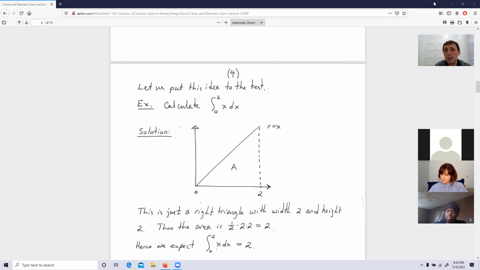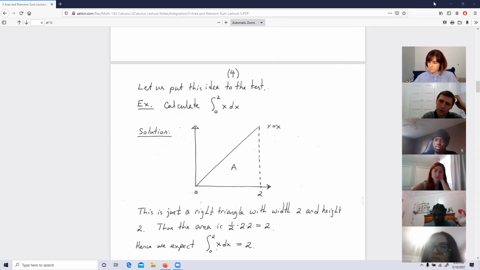So in other words, someone is trying to figure out the area of a triangle, which I can do geometrically. I don't even need to do any calculus. You agree the area is width times height divided by 2, because it's half of a square in this case. So it's 2 times 2 divided by 2. So the answer should be 2. Correct, guys? The answer is 2.